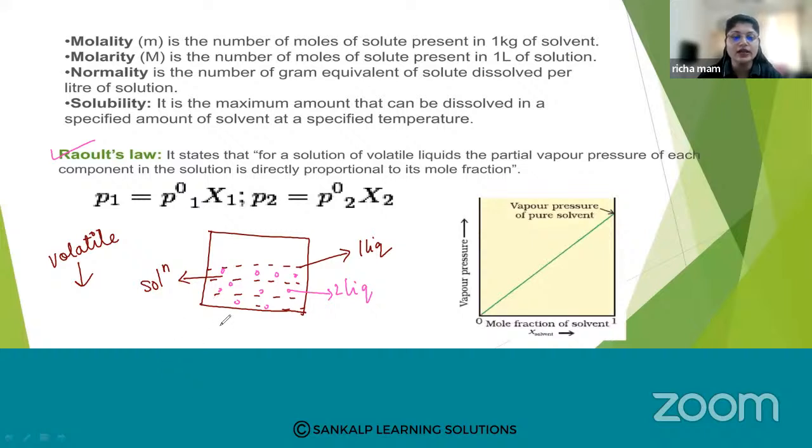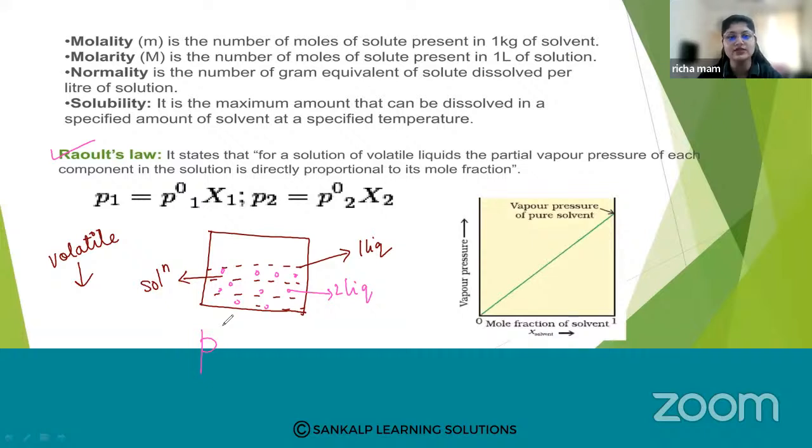So this is your Raoult's law. The pressure exerted by the vapor on the surface of the solution, we know how the vapors are created and what vapor pressure is.